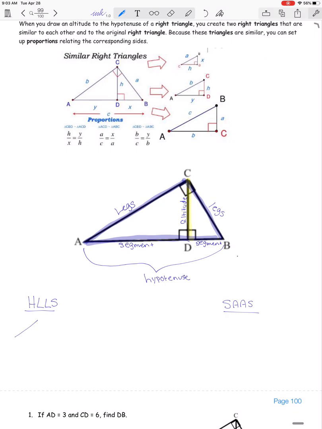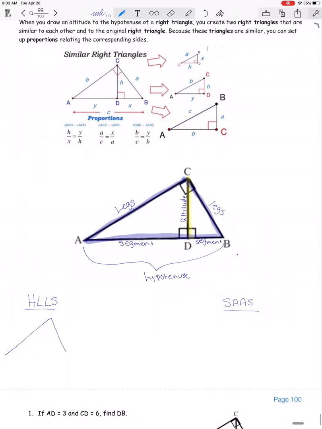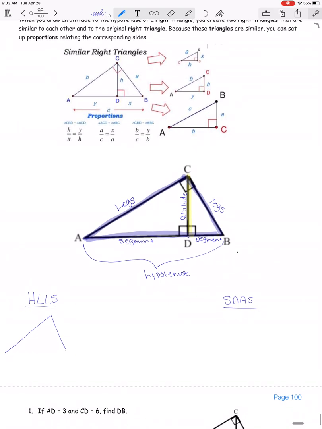I'm going to redraw a right triangle right here. Okay, so again, here's my right triangle, and my altitude is drawn down there.